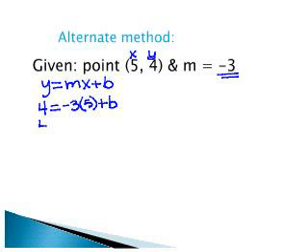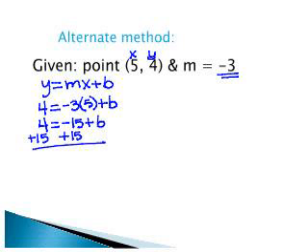And then we simplify. We're going to solve for b because that's our only variable in this equation. So 4 equals negative 15 plus b, and we're going to add 15 to both sides. And b is equal to 19.